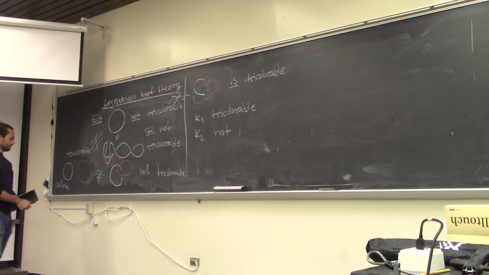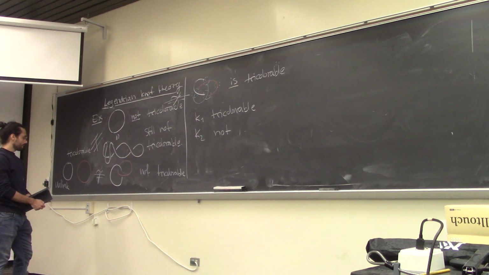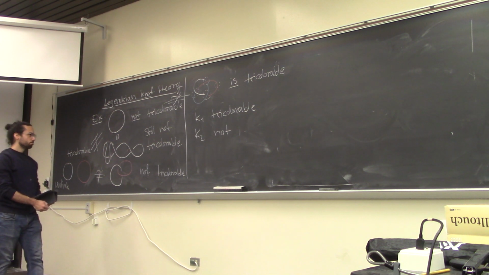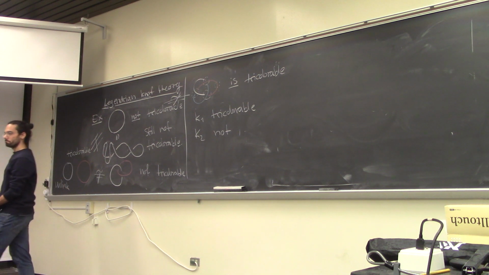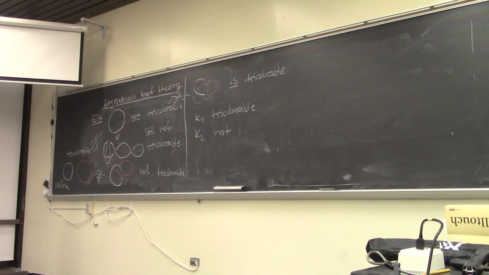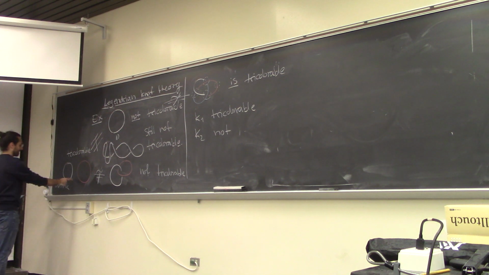Take the one circle and the two circle one. If you remove one circle from the two circle one, it just becomes the one circle one, right? Oh yeah, this is tricolorable. That's right.